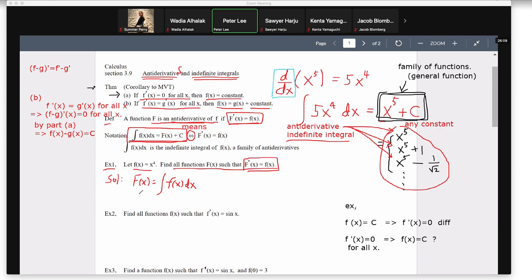So capital F is a function whose derivative is small f. This and this are basically the same thing.